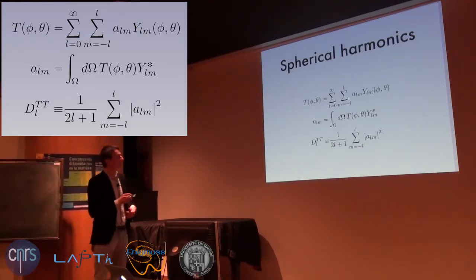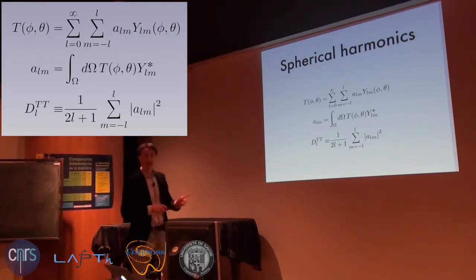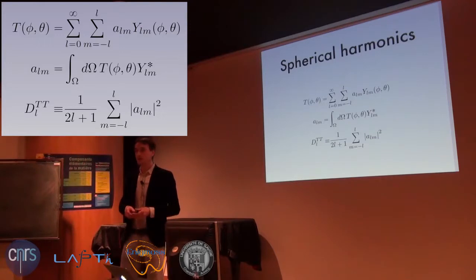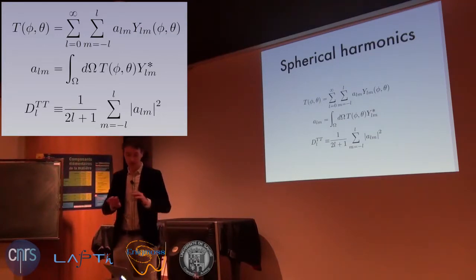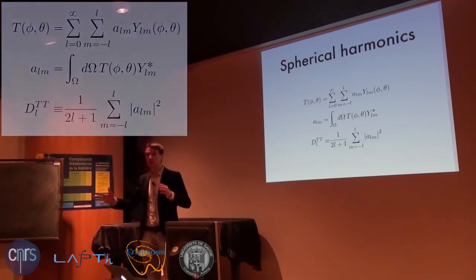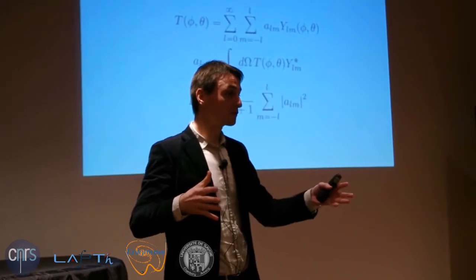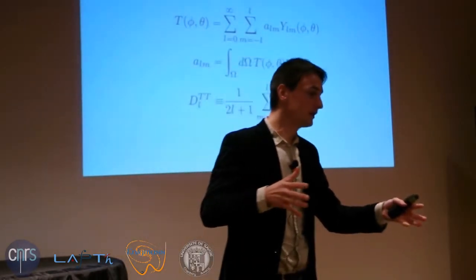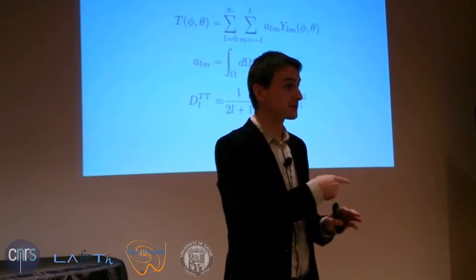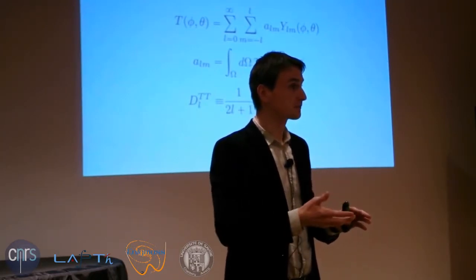So for example, l equals 1 is the dipole of your map. And a dipole is simply, if you take a sphere, it has a different value on one half than it has on the other half. That's a dipole. If you consider your three-dimensional sphere, your dipole can have three basis orientations: the x direction, the y direction, and the z direction.